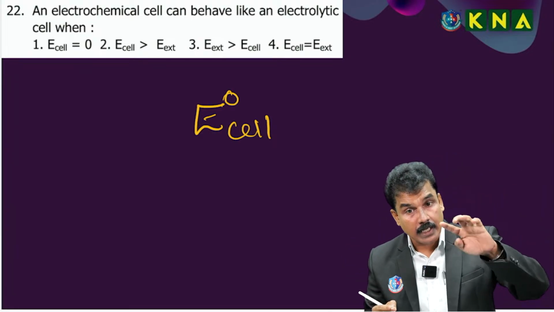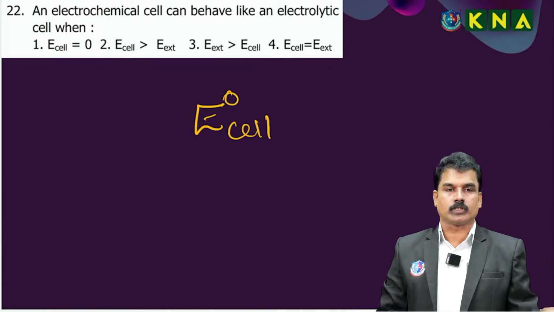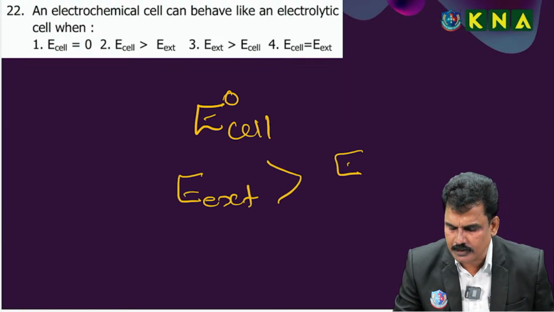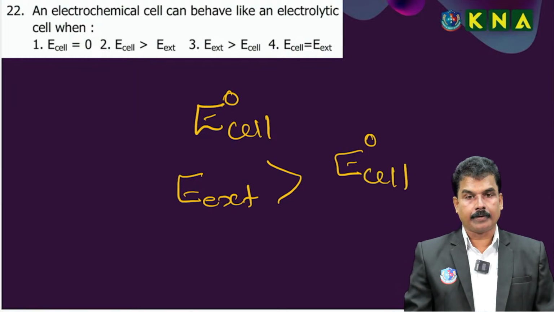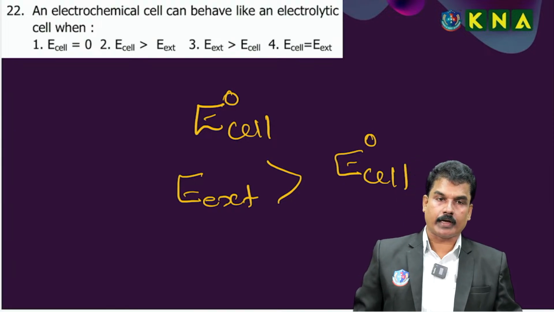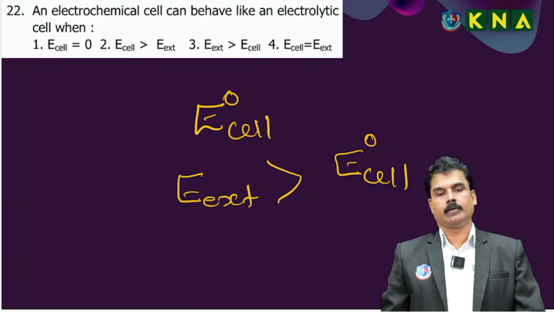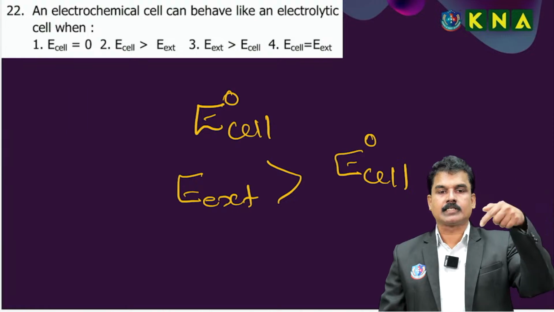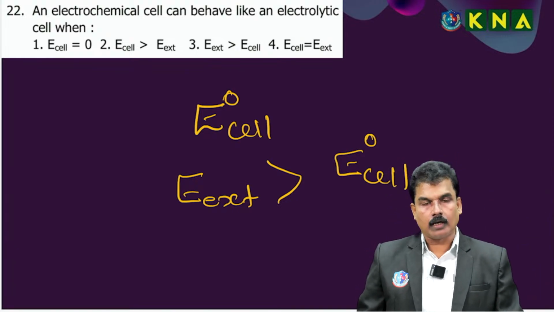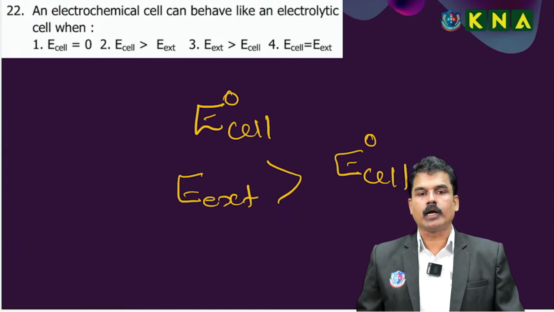If the external voltage is greater than the E0 cell, the standard EMF of the cell, then the reverse process will take place. That electrochemical cell will be converted into an electrolytic cell, when the external voltage increases beyond E0 cell.